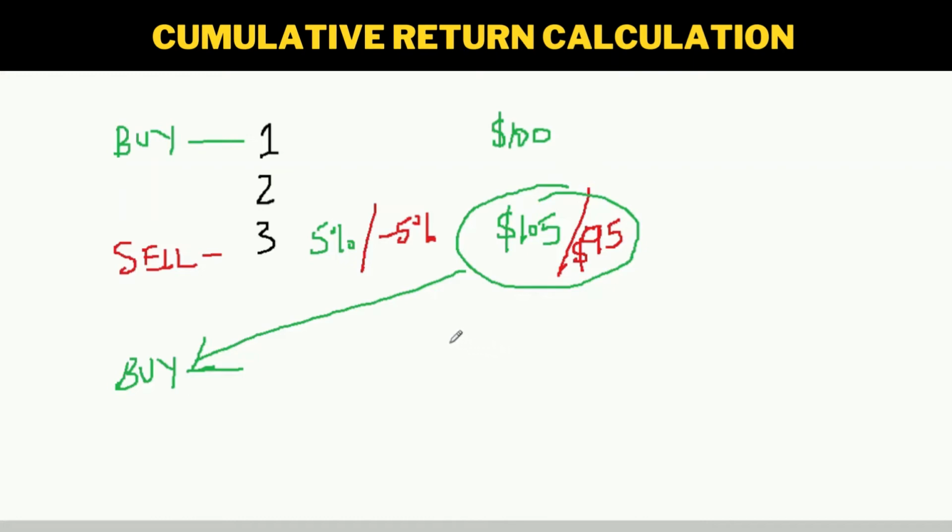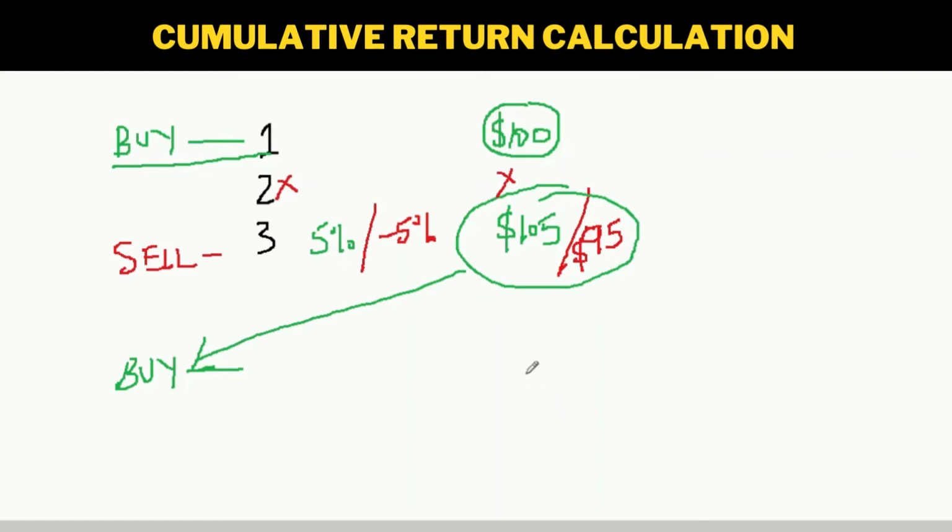Another thing to note here is, for example, when I bought here, I used the entire balance of $100. So on day 2, I did not have any balance in my account. So if I get a buy signal on day 2, as per the strategy, I will simply ignore it. So that's the logic here.